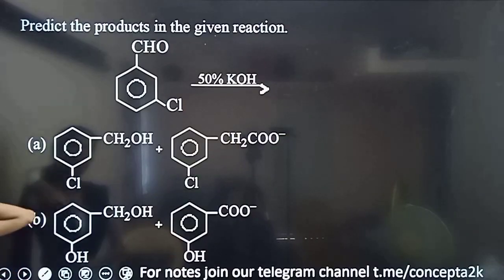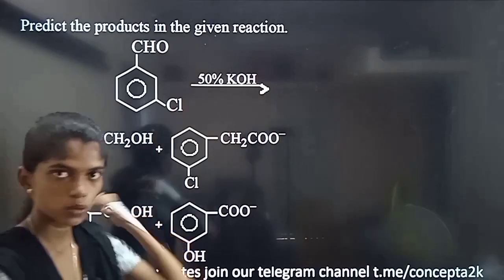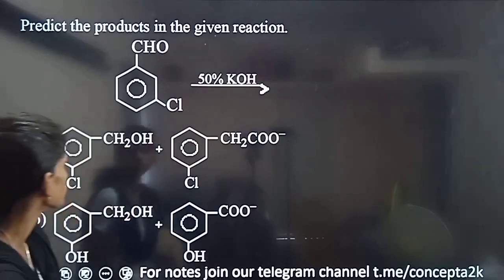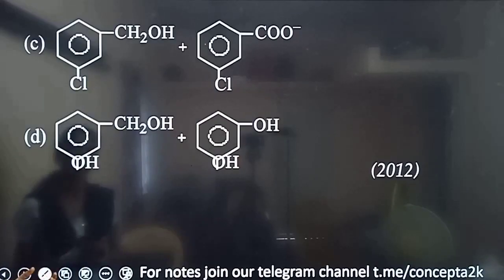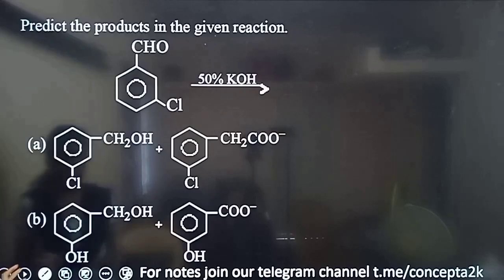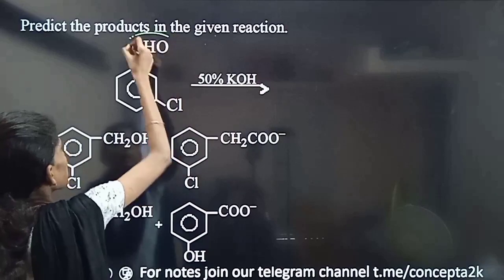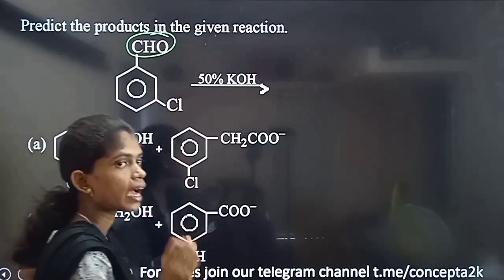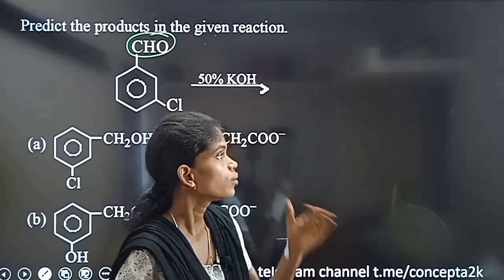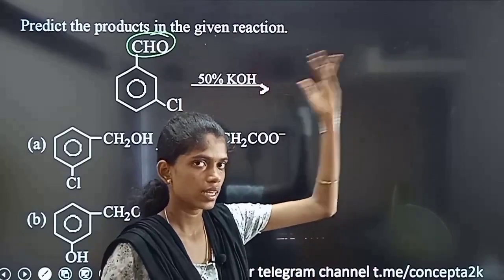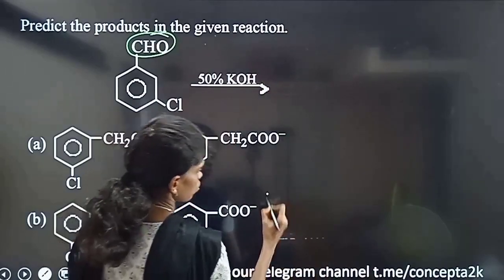Okay, predict the product in the given reaction. So 50% KOH, this is a Cannizzaro reaction. So the chlorine is at the meta position. Looking at it, we can say that instead of this part, there will be an acid group or an acid salt plus an alcohol. This part would have been converted to an alcohol.